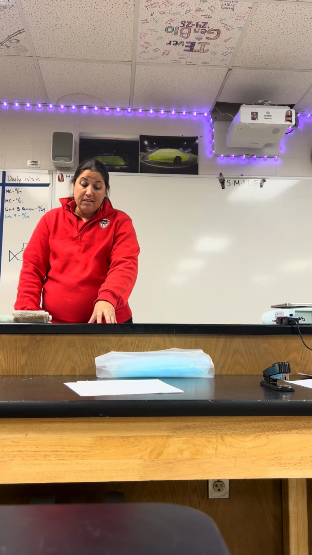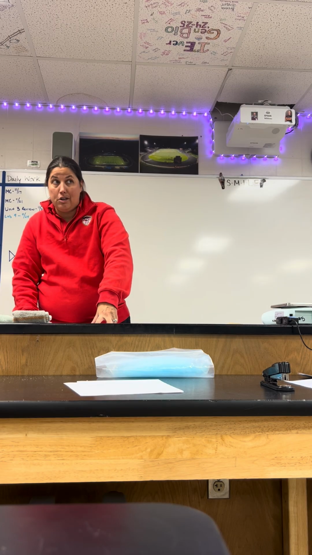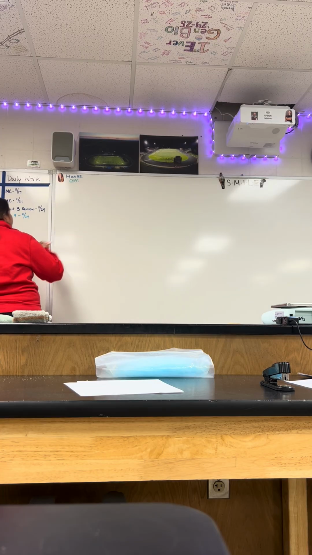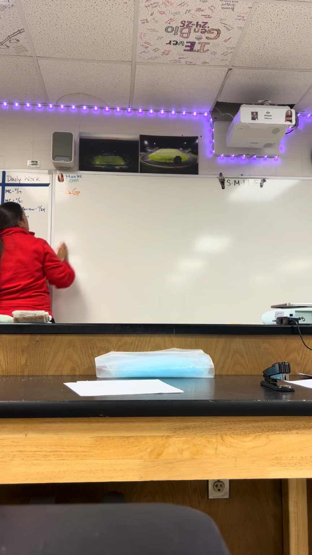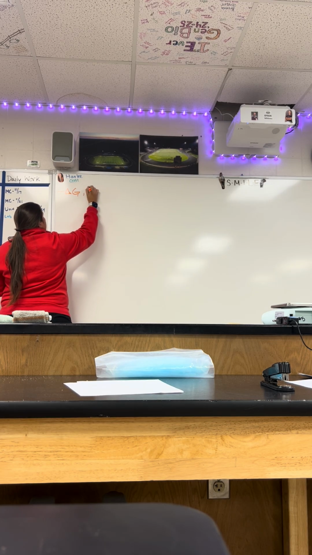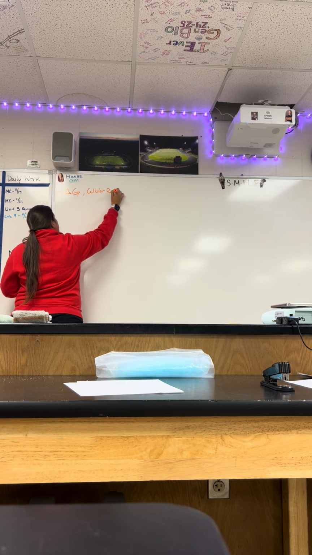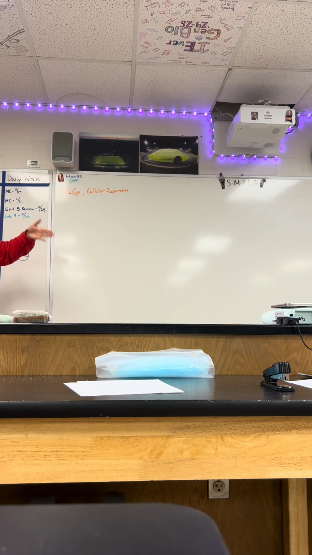It does not want the definition of exergonic, it wants an example of exergonic. Exergonic is a negative delta G. That's one example. It is also cellular respiration. Those are examples of exergonic.